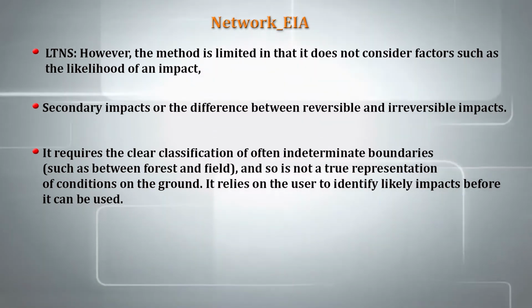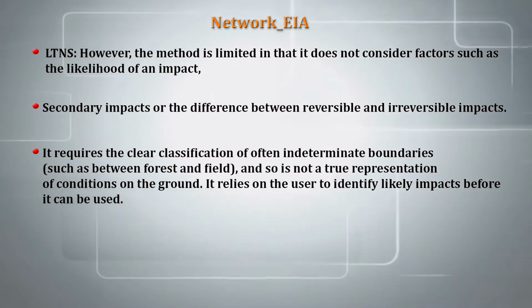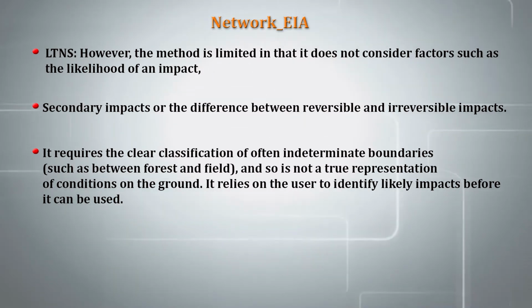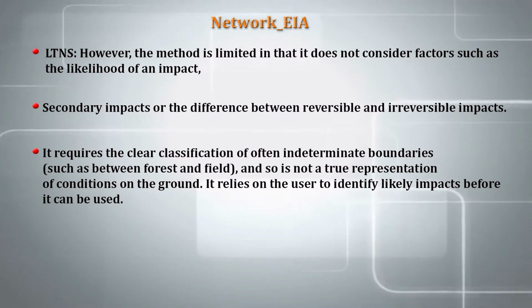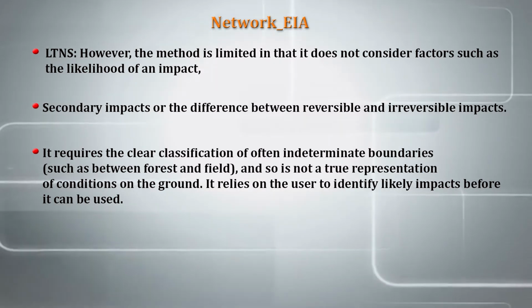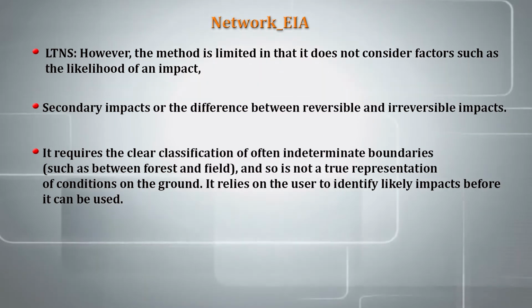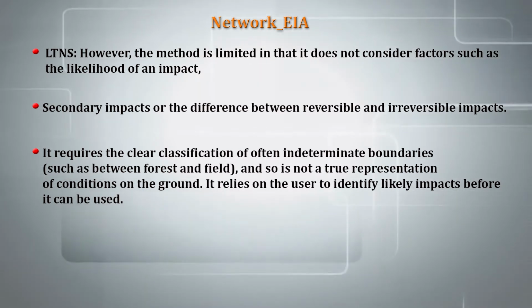So what I want to say is that this methodology requires a clear classification of often indeterminate boundaries. For example, between a forest and agricultural land the boundaries are very indeterminate. It's a transitional kind of thing. So in that case, it's very difficult to use this kind of methodology. But nevertheless, it has a lot of uses as far as the EIA study is concerned.